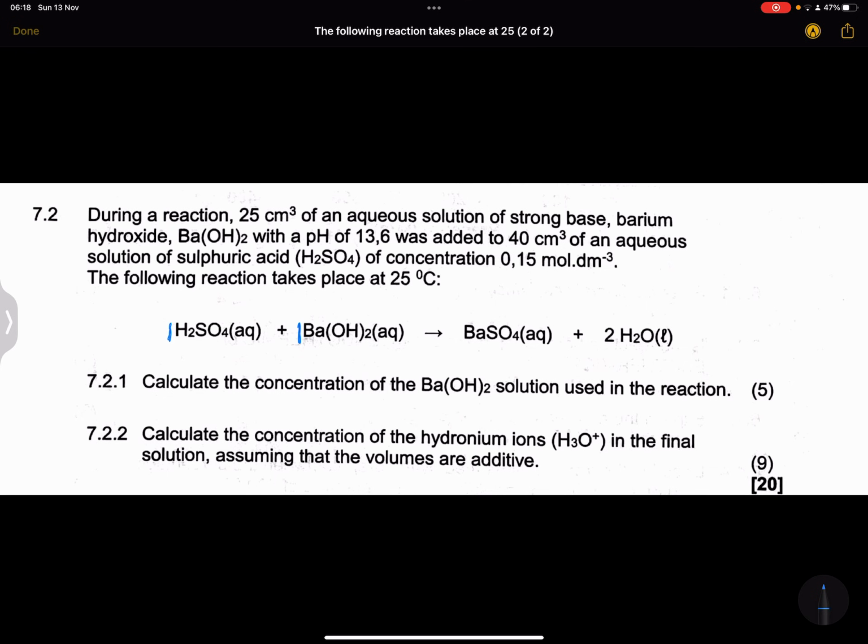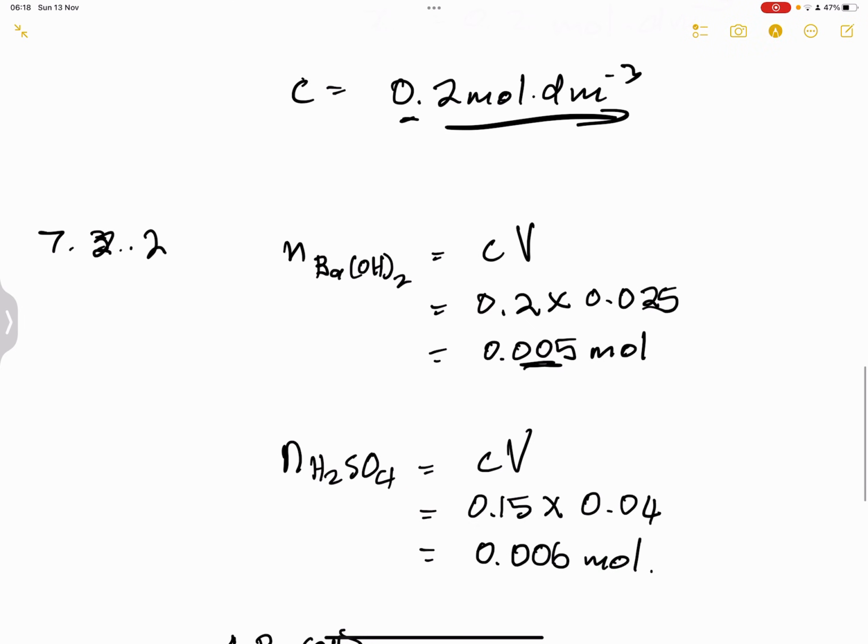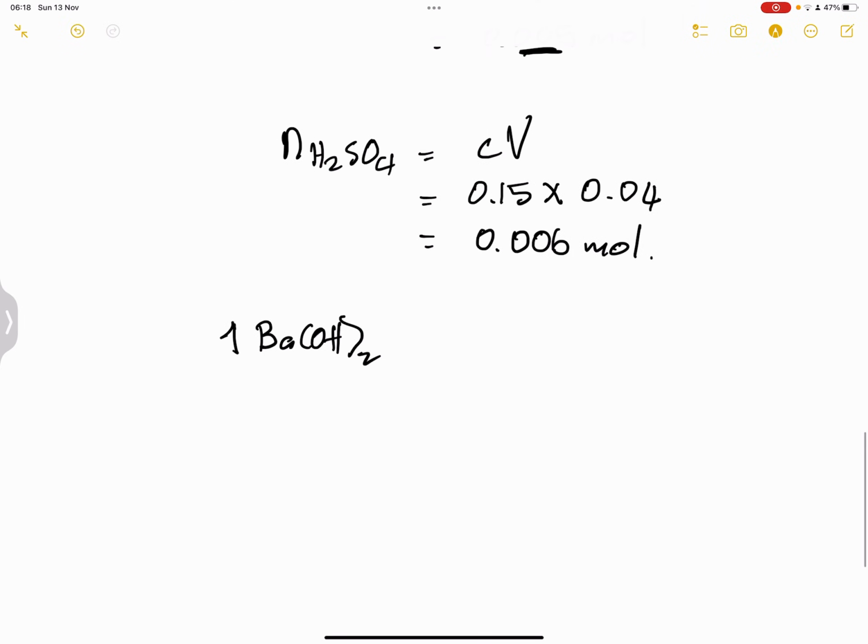So if I've got 0.005 moles of barium hydroxide, how much sulfuric acid will I use?